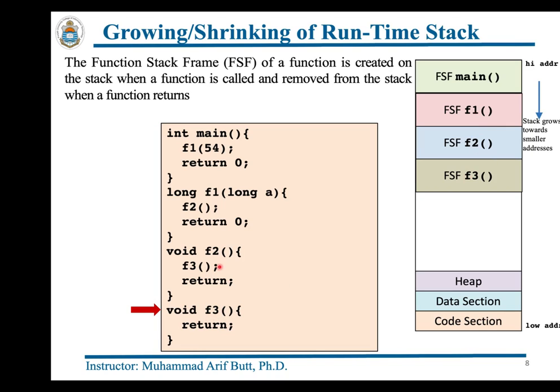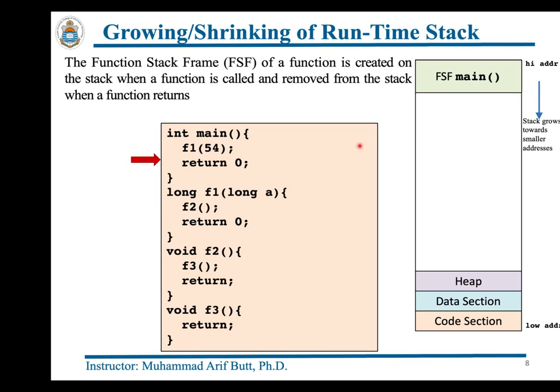Once this f3 returns to f2, note the function stack frame of f3 has been removed from the stack, and once f2 returns to f1, the function stack frame of f2 is removed, and finally when f1 returns, the function stack frame of f1 is removed. And now since the execution is inside the main function, only the FSF of main function is there. And finally this main function returned to its caller.